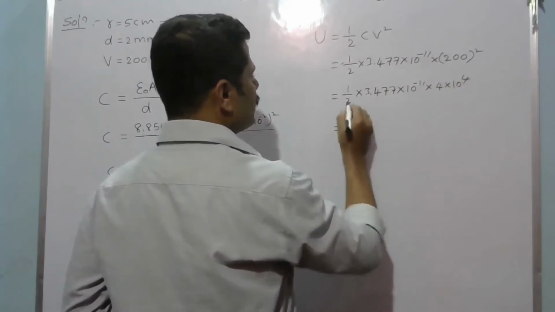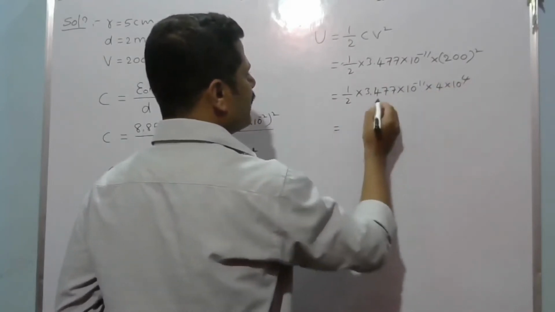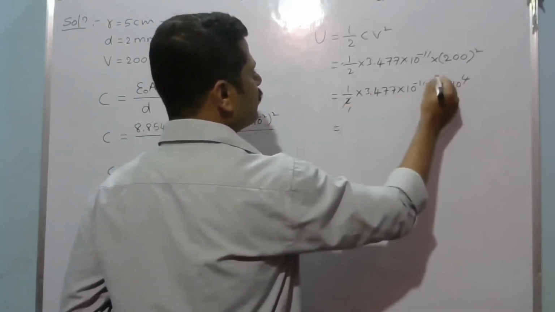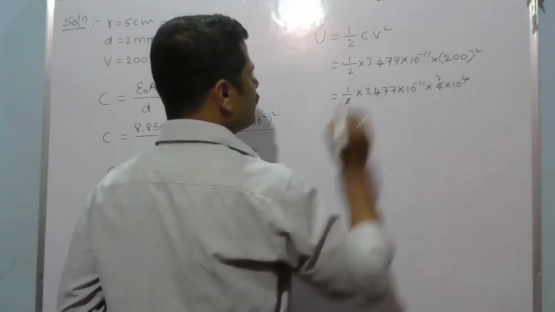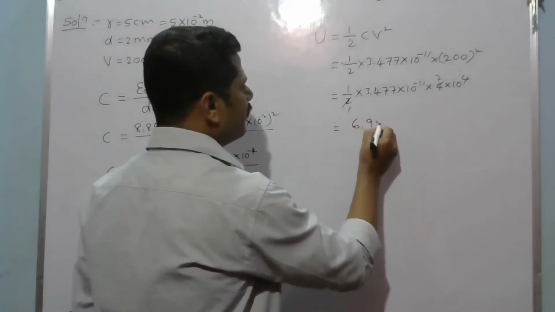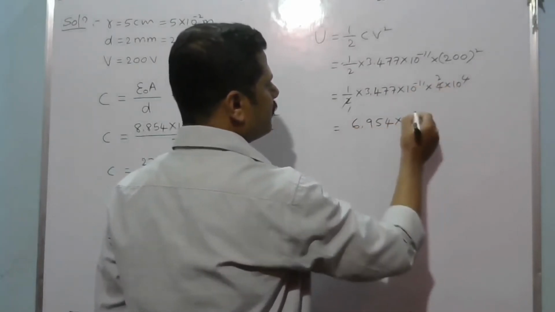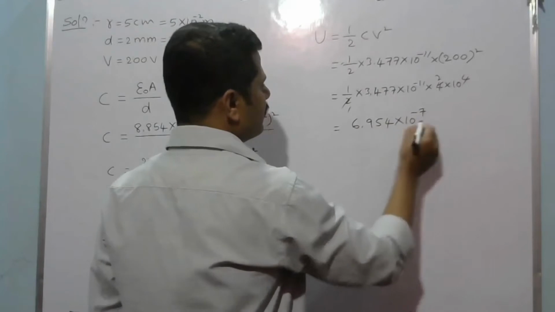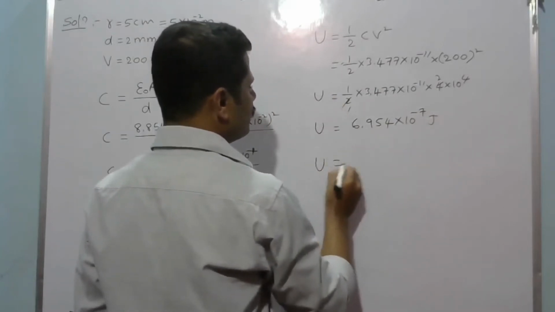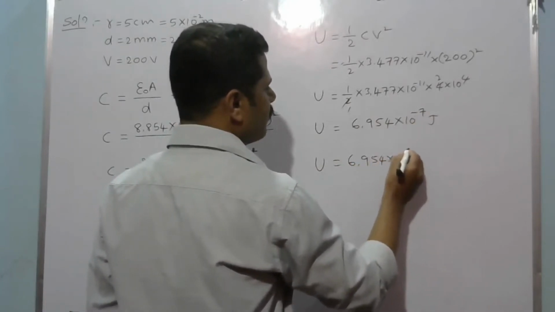This is equals to 2 ones are 2, 2 twos are 4, then 3.477 into 2 is equals to how much? 6.954. So 6.954 into 10 raised to minus 7. This is the energy stored in the capacitor, that is U equals to 6.954 into 10 raised to minus 7 joule.